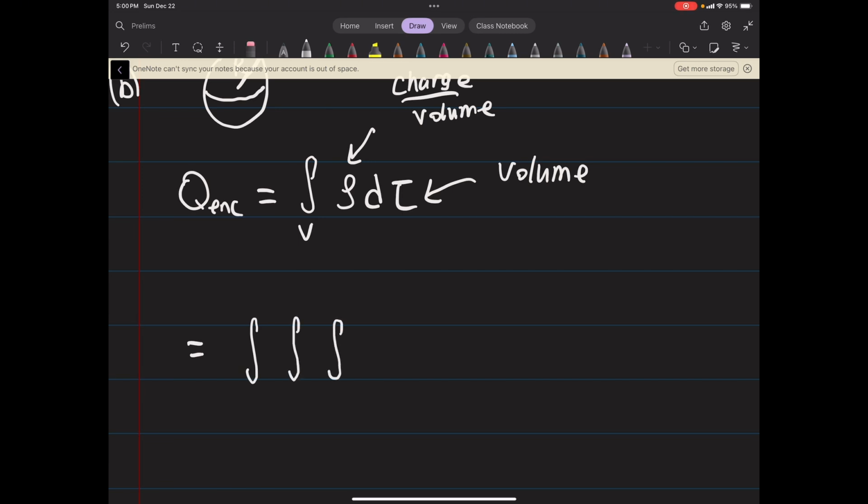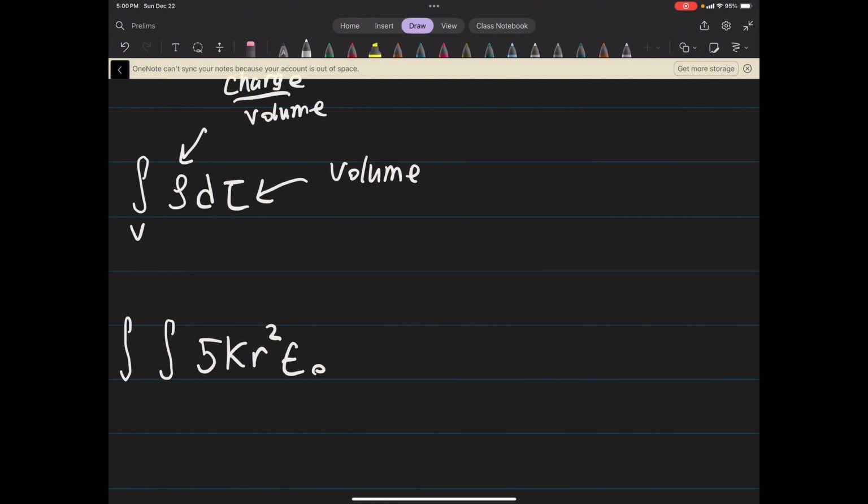Rho we just solved for. We know that's 5K R squared epsilon naught. And then our d tau, our volume element here, for spherical coordinates, is just R squared sine theta dr d theta d phi. I like color coordinating things, so let's do this just so it's clear.